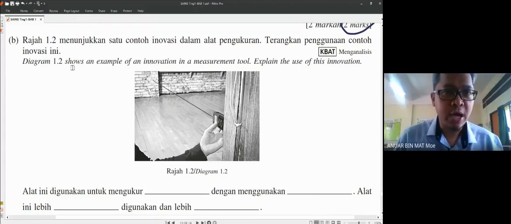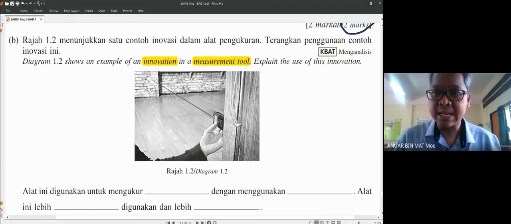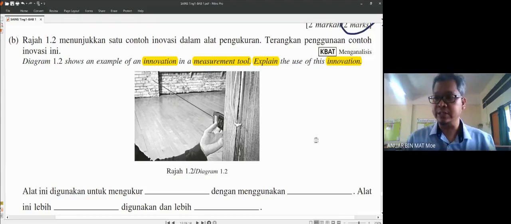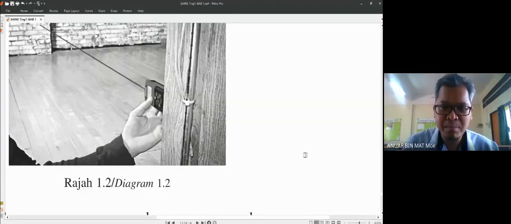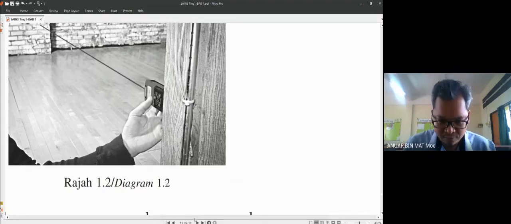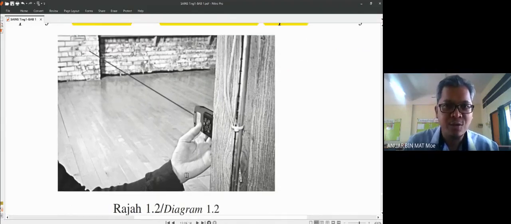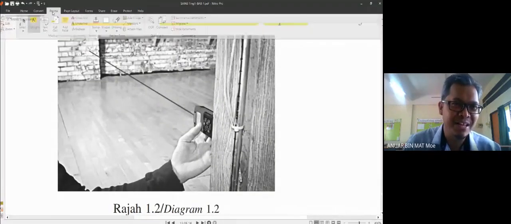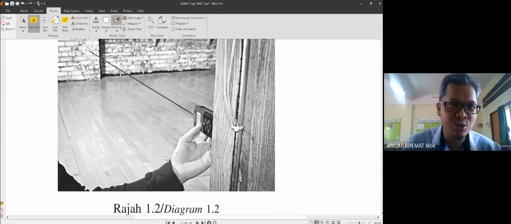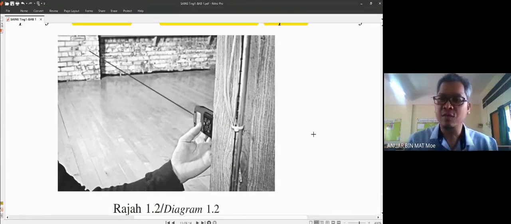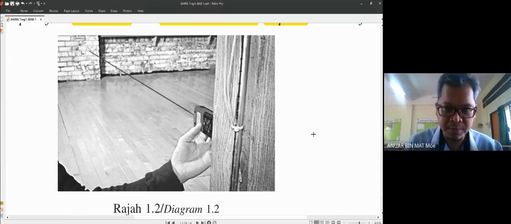Diagram 1.2 shows an example of innovation in measurement tools. Explain the use of this innovation. Okay, so you must understand what the picture is all about. Sometimes that's why you need to read more about innovation in measurement.